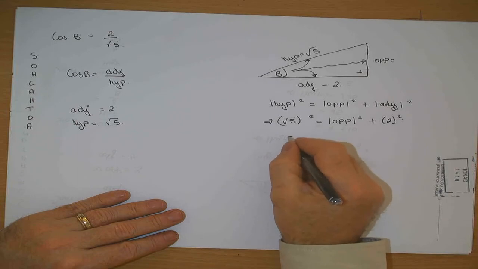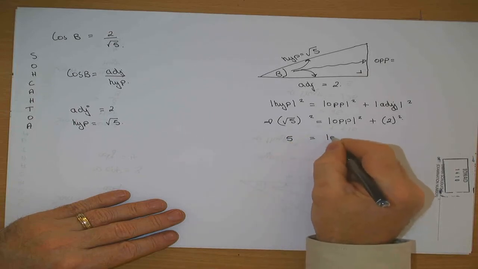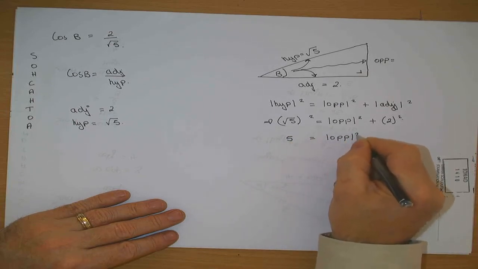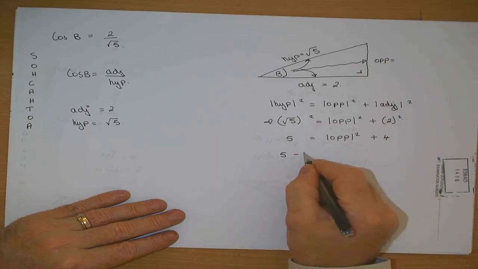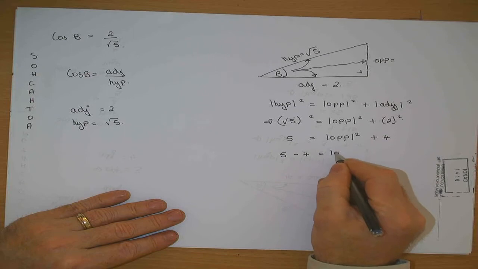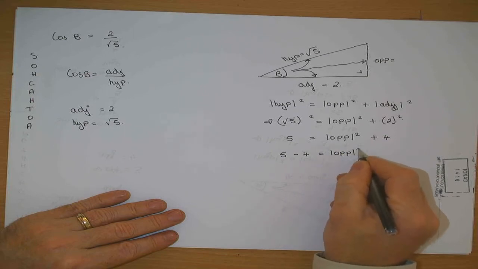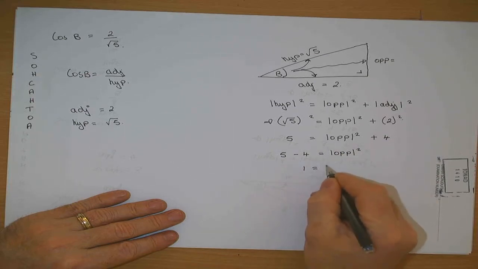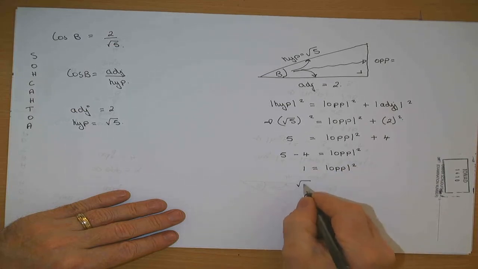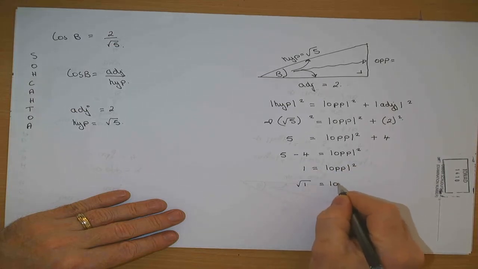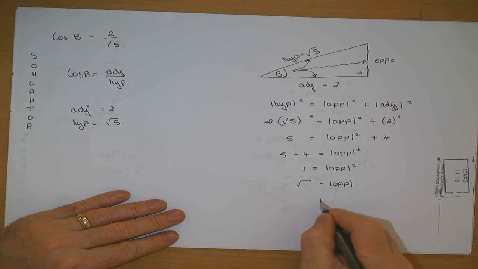Root 5 squared is the length of the opposite squared plus 4. 5 minus 4 is the length of the opposite squared. 1 is equal to the length of the opposite squared. The square root of 1 is equal to the length of the opposite. 1 is the opposite.